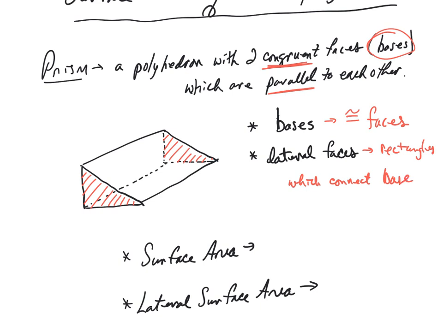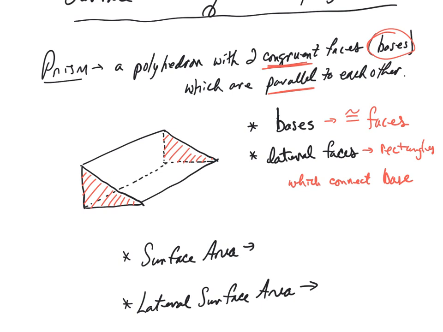And it's kind of hard to draw because they're at kind of a crazy angle, but we'd have a lateral face that would make up the slanted right-hand side of this prism. We'd have a rectangle that forms the bottom, connecting the two triangles. And then we'd have a rectangle that would connect the two left-hand sides of the triangles.